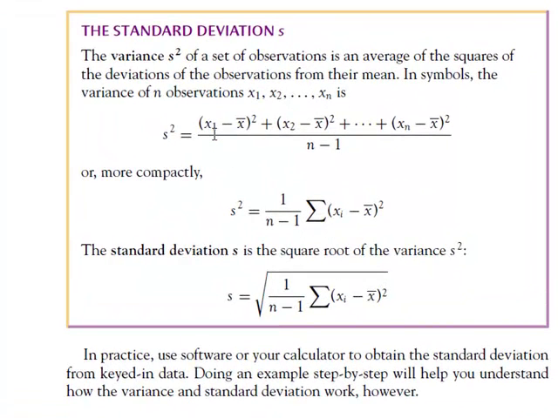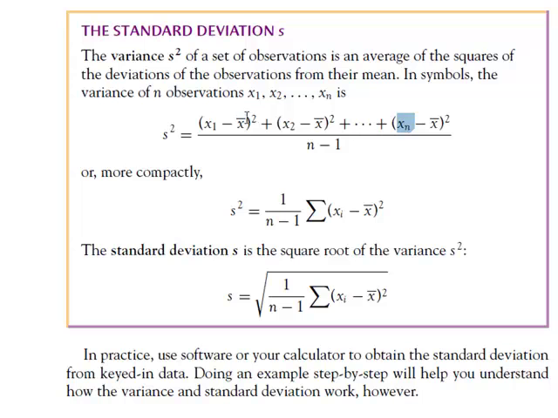You take each piece of data, which is indicated by x1, x2, that's the second piece of data, all the way up to the last piece of data, xn, and you subtract the mean of the entire data set from x1. You subtract the mean from x2, and so on.